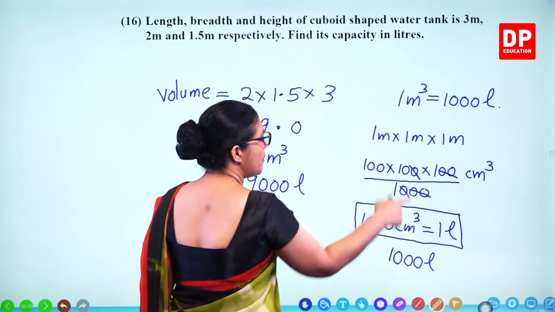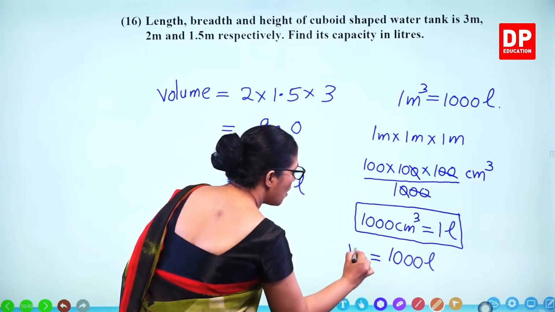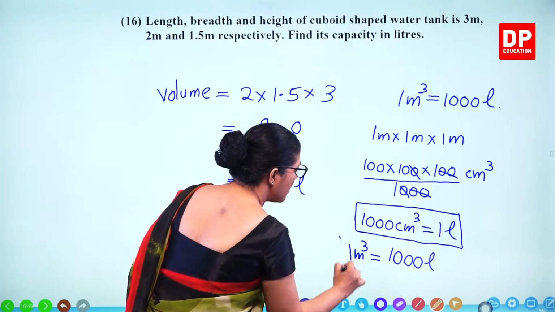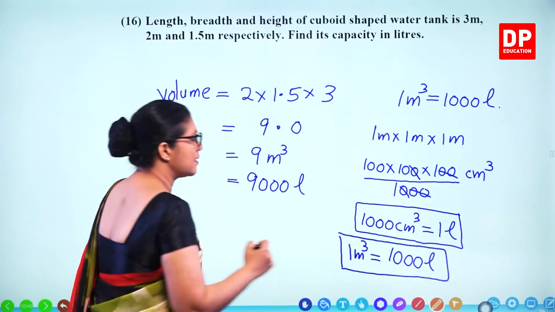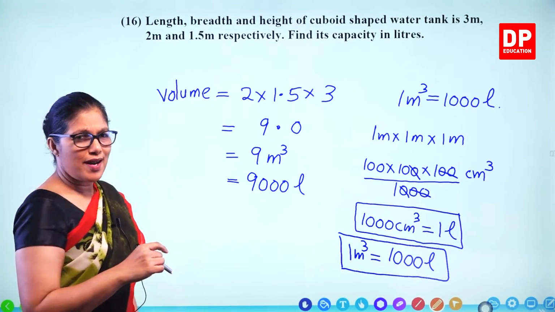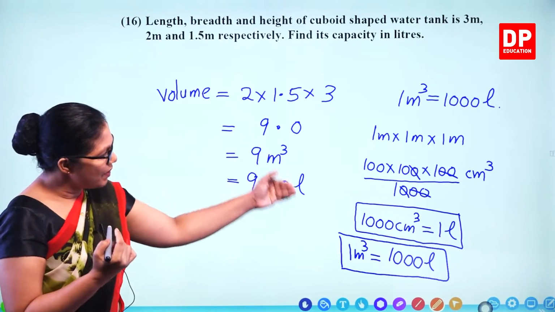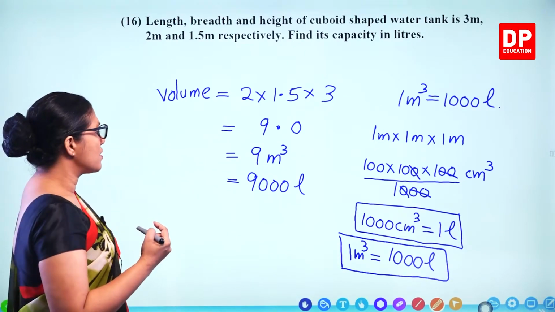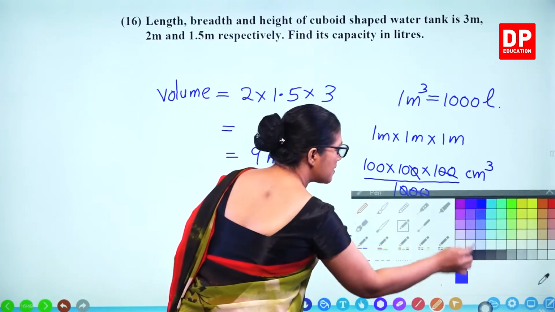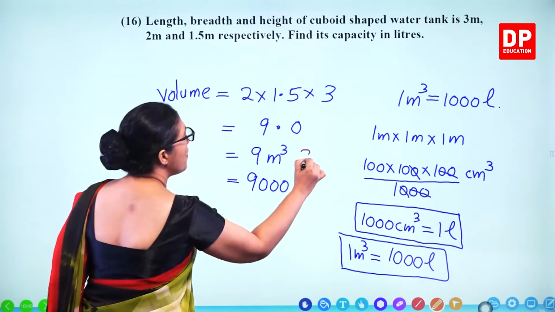So 1 cubic meter is 1000 liters. It's easy to memorize. If you can't remember, then quickly do the calculations. So 9000 liters is the answer. 2 marks.